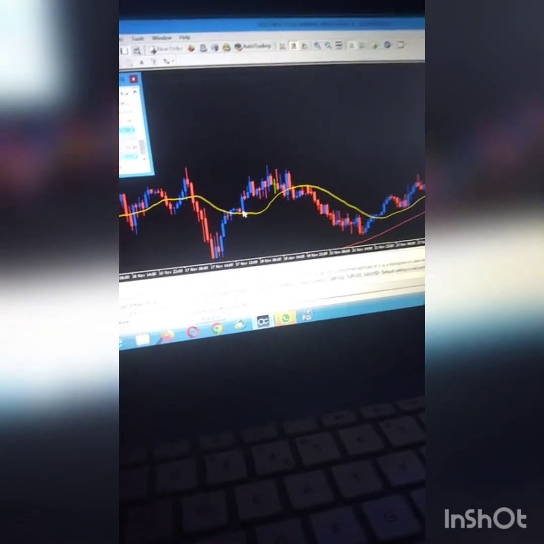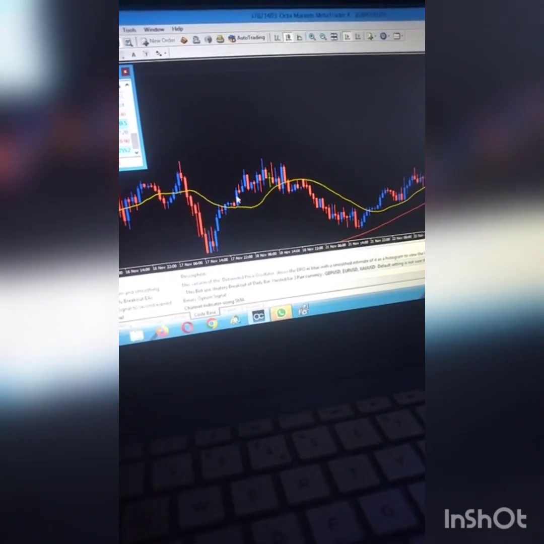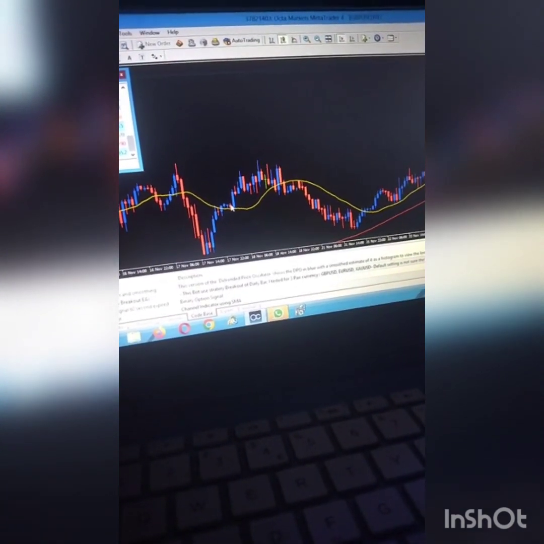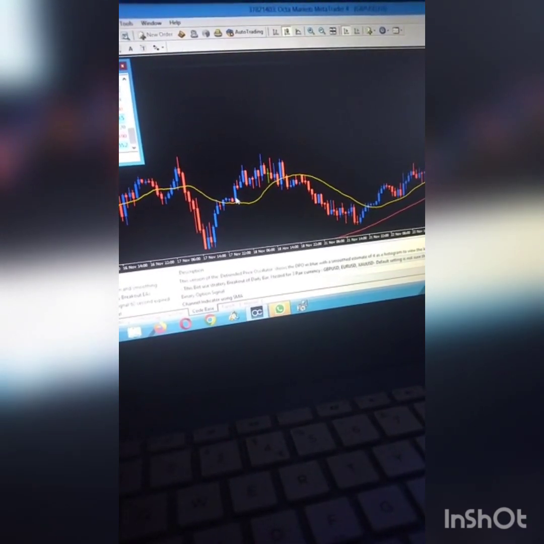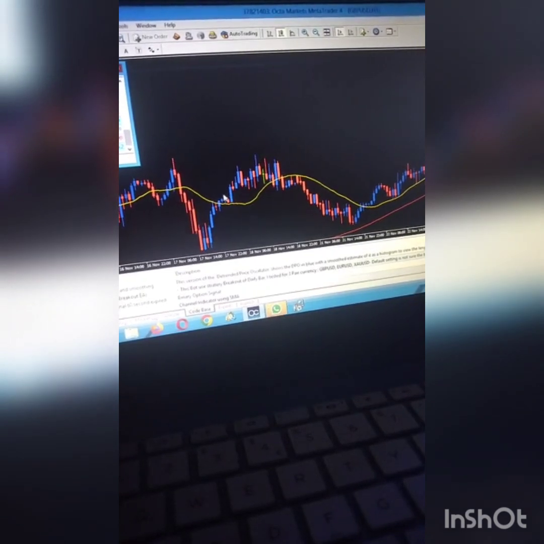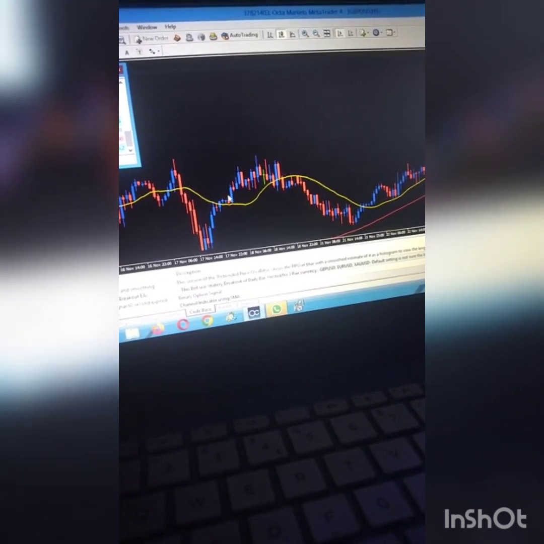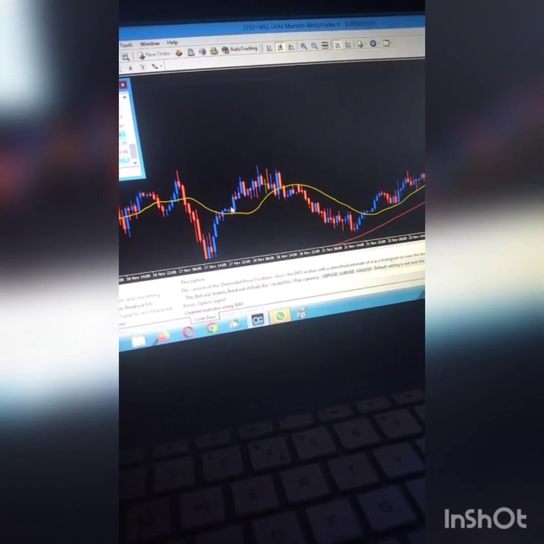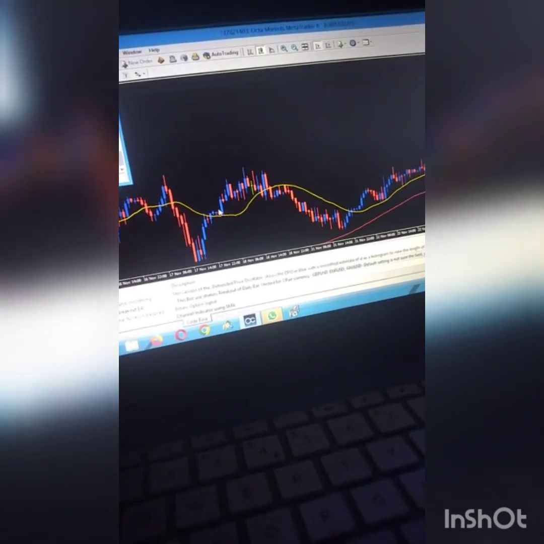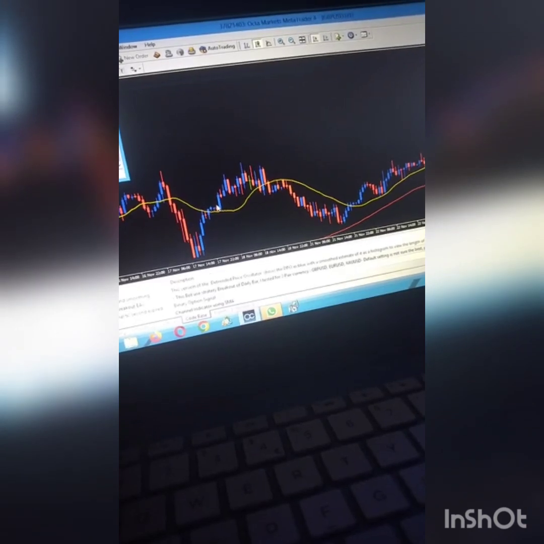Then the next one takes out the previous red, just like this one. You see that this one took out the previous red at this point. Immediately it takes out the previous red, you are supposed to enter the market with all your chest.